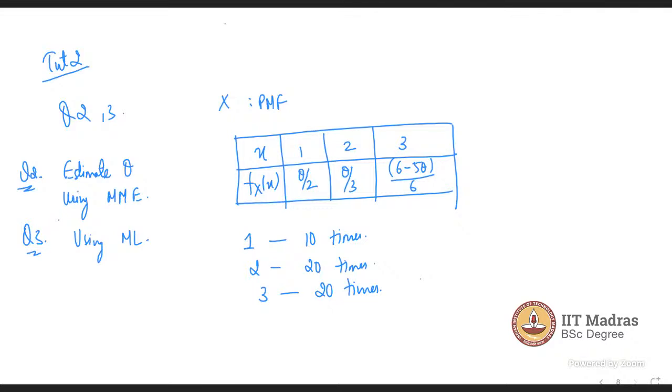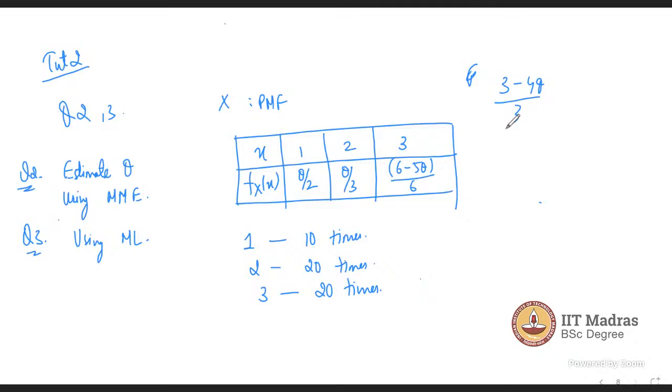We equated the expected value of X with X bar. The expected value of the random variable I got as 3 minus 4 theta by 3. No, only the denominator 3 is for 4 theta.